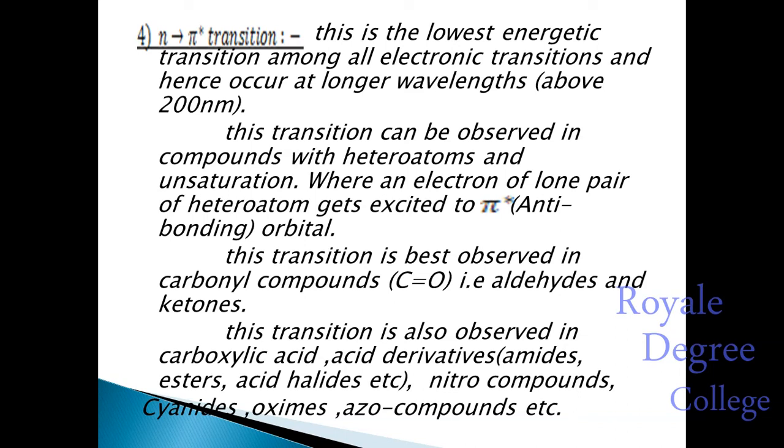This transition is best observed in carbonyl compounds, that is aldehydes and ketones. It is also observed in carboxylic acids, acid derivatives like amides, esters, acid halides, etc., nitro compounds, cyanides, oximes, azo compounds, etc.